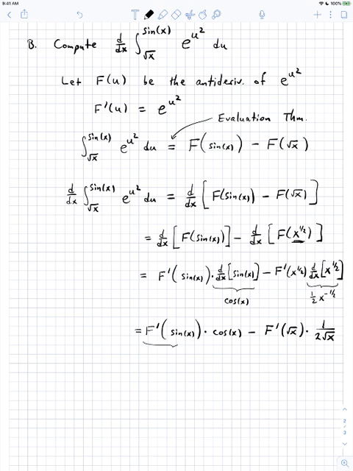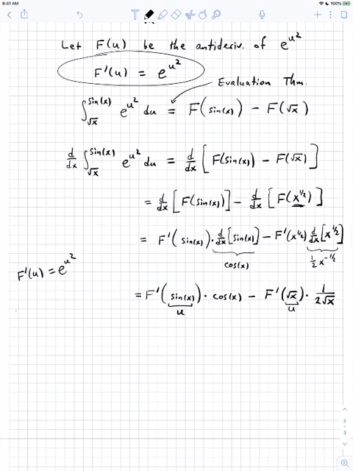But how do we compute these F primes? Well, what we know about F prime is that F prime of u is e to the u squared. So here, in this first one, our u is sine of x. In the second one, our u is the square root of x.